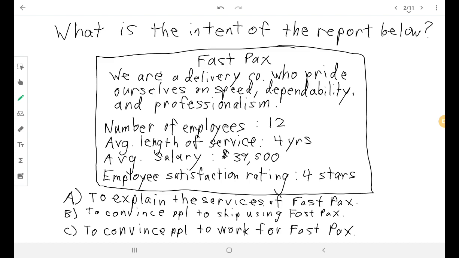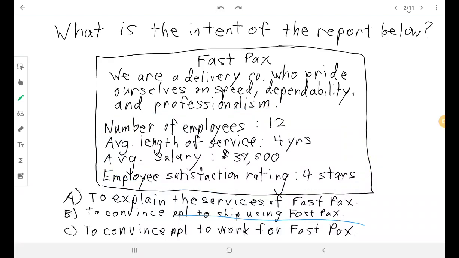So what is the intent of this report? Why would the company put this report out there to the public? Is it to explain the services that they offer, to convince people to ship using their company, or is it to attract potential workers, convince people to work for the company? Well, if you look at this, everything that they talk about has to do with employing people.